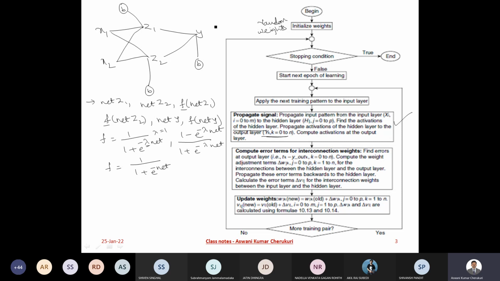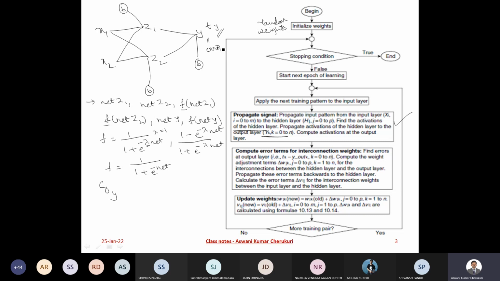Once that is done, we have ty, which is the target y, is it not? Then we calculate del y, which is the error at the output layer.